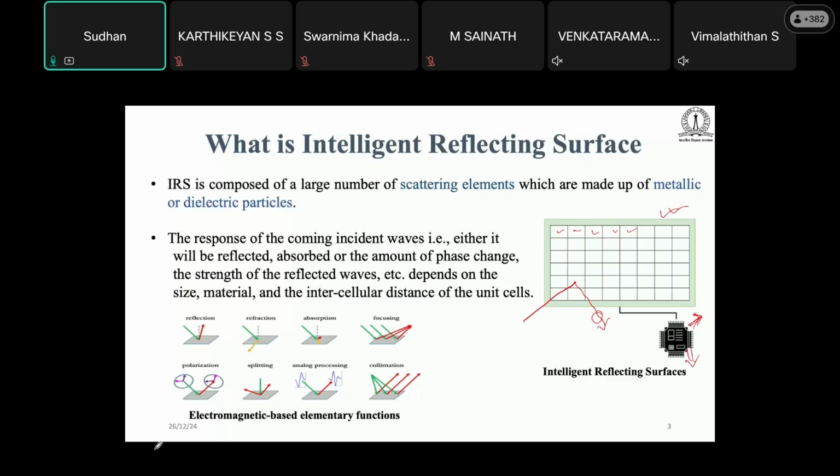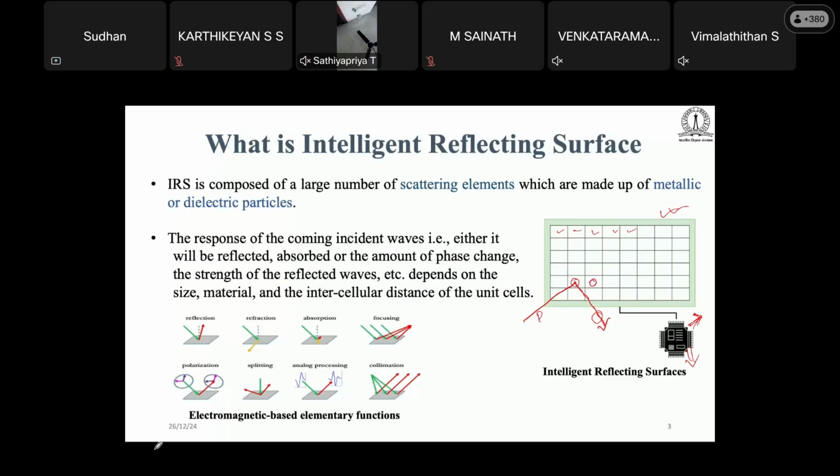The controller decides what the phase of each element will be, and along with this it also decides the amplitude. Let's say the transmitted power is P, and the reflection will also have phase and amplitude. This amplitude can also be decided.